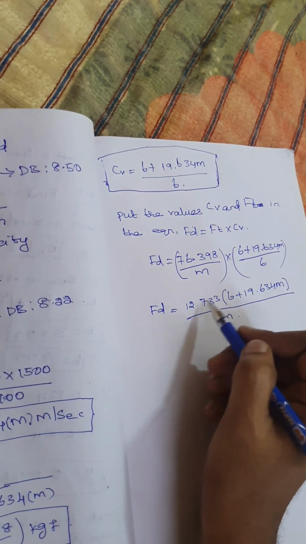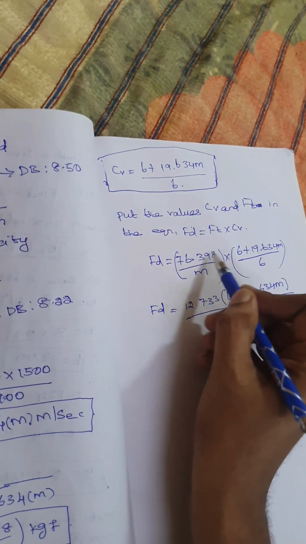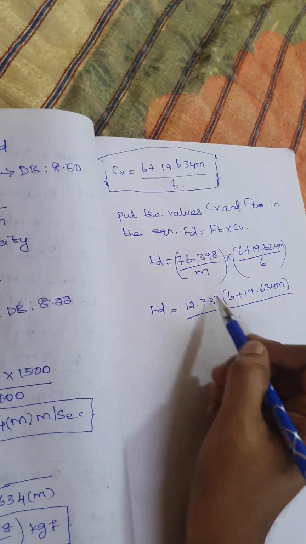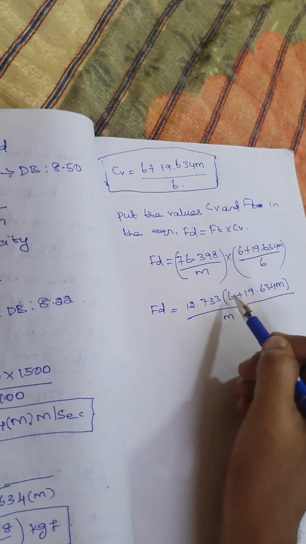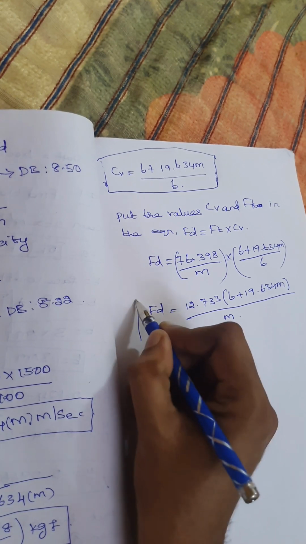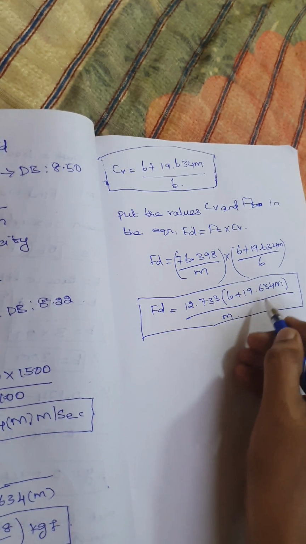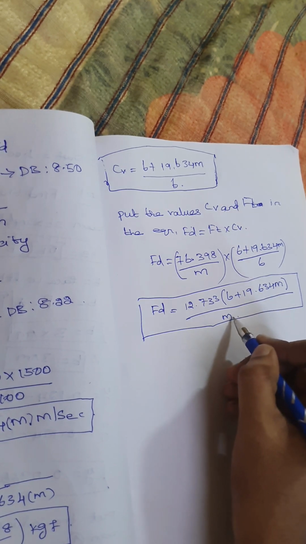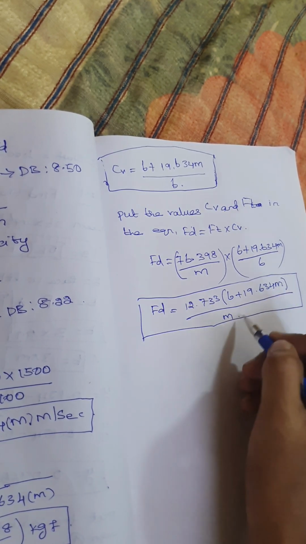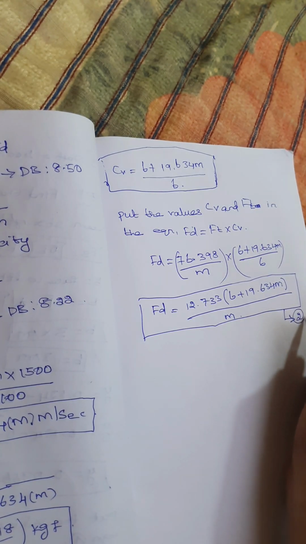This value 12.733 was found because we divided this value with the 6. We have kept these values. So now we have found an equation for F of D, and here the value of module is unknown. We are keeping that value. So we can consider this one as equation 2.